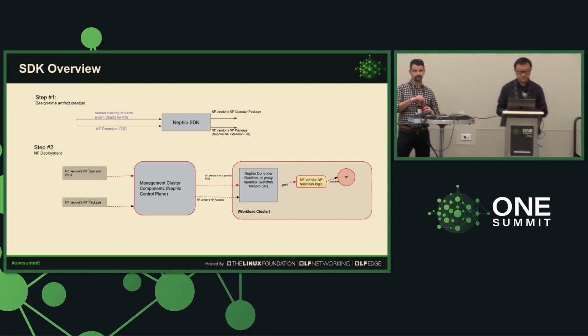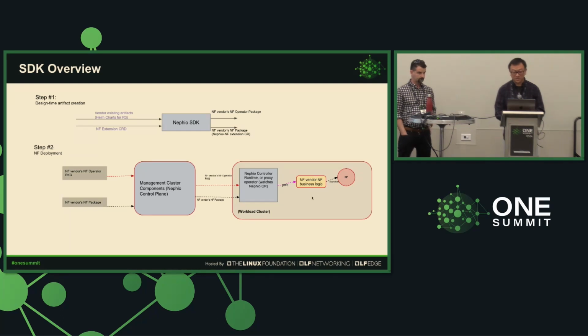And then the idea would be that the management cluster doesn't really need to change too much, it does what it's supposed to do. It loads our Nephio CLs plus your vendor extension pieces, and then it watches the Nephio CLs, invokes the business logic, and then it brings up the network functions.